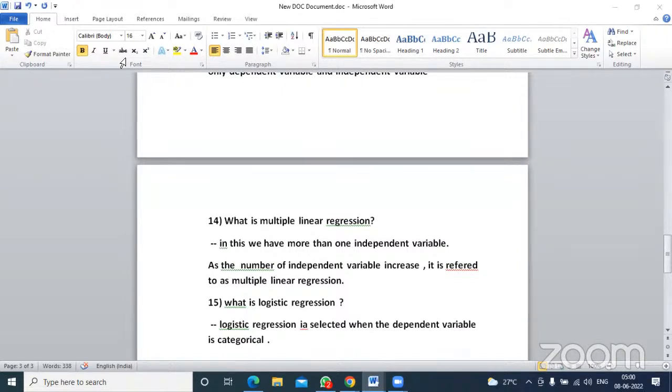Yes, discrete. It should be discrete in the logistic case. Binary outcome should be true or false.